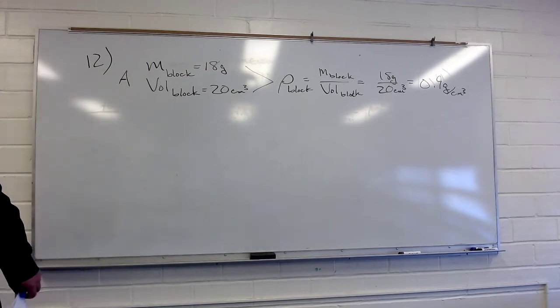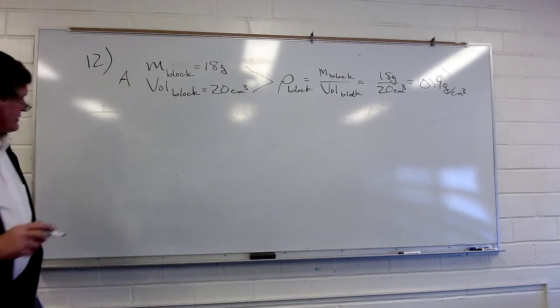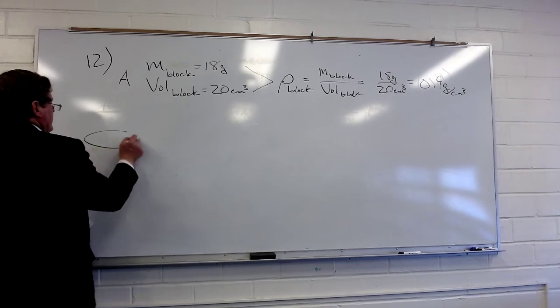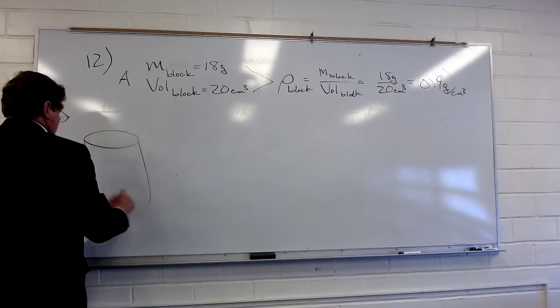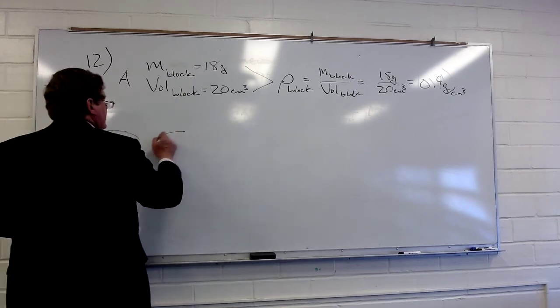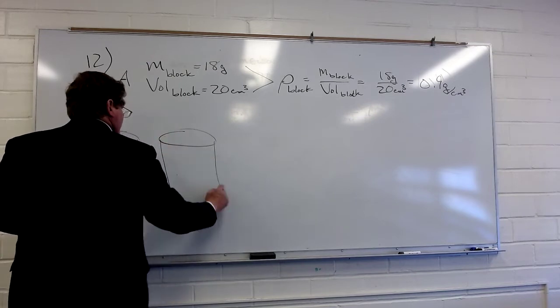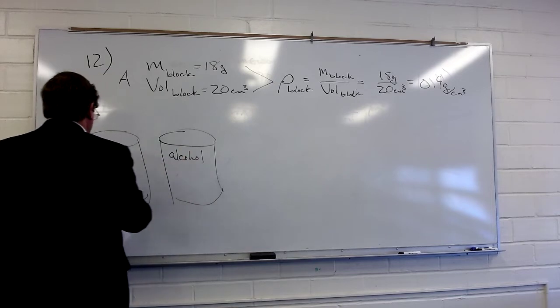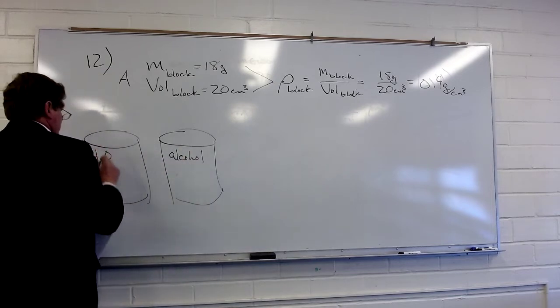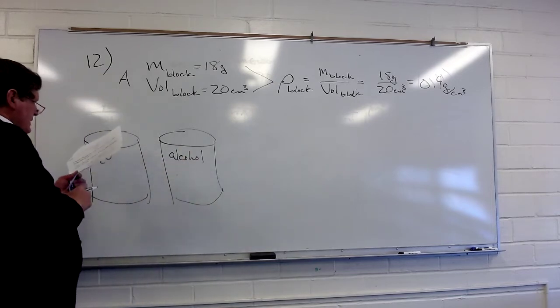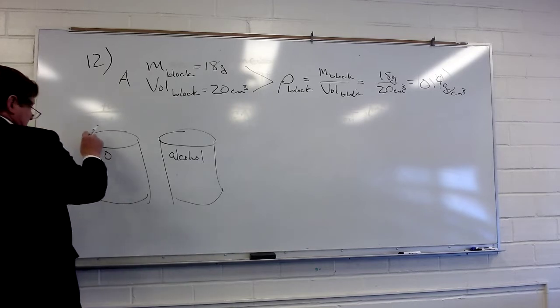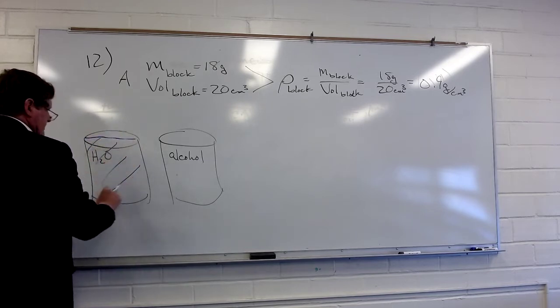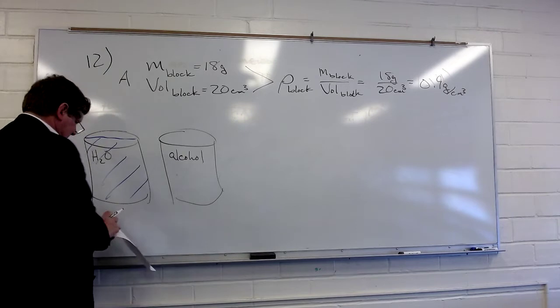And now we're told that we've got two buckets. We have a bucket of water and a bucket of alcohol. And these buckets are filled right to the brim. Okay?